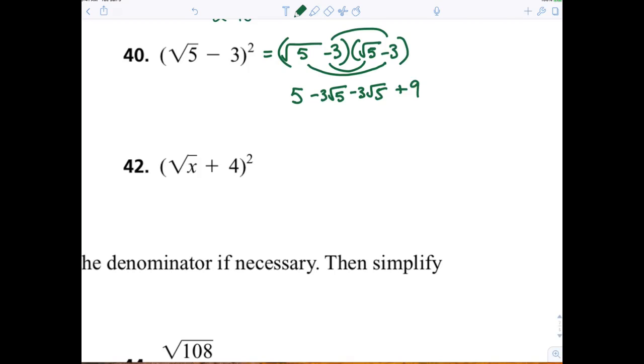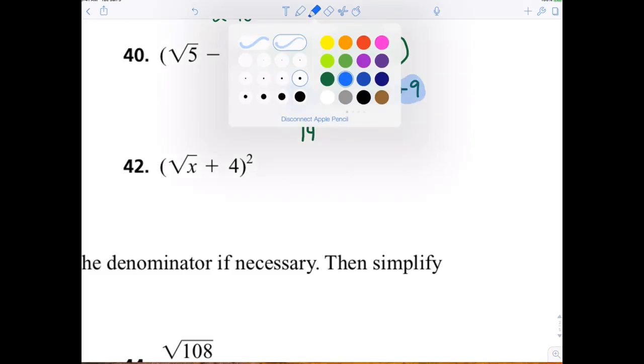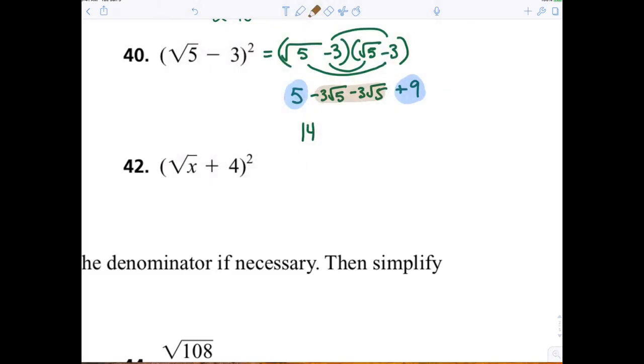Are we okay with this? So now, the final answer. What's 5 plus 9? 14. Now when I combine these, exactly, very good. Minus 6 radical 5. Very good?